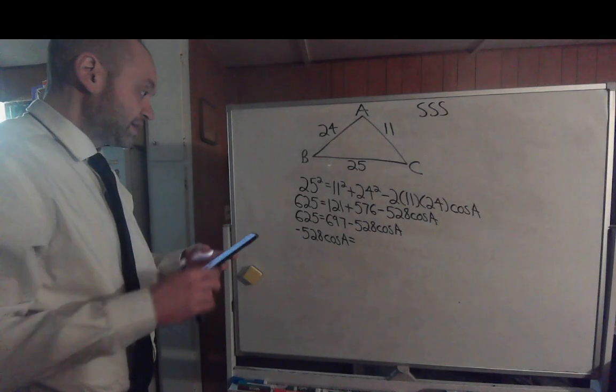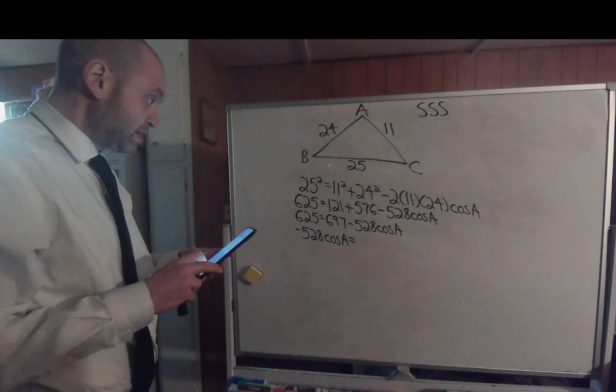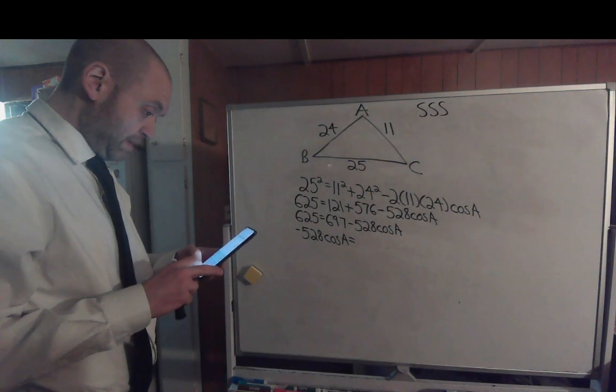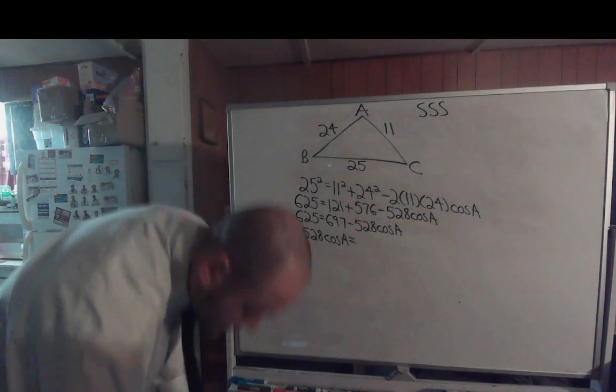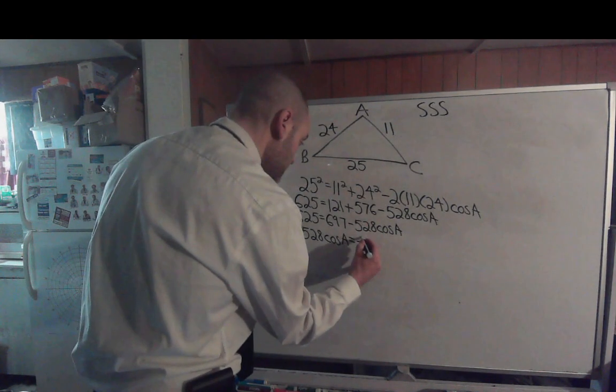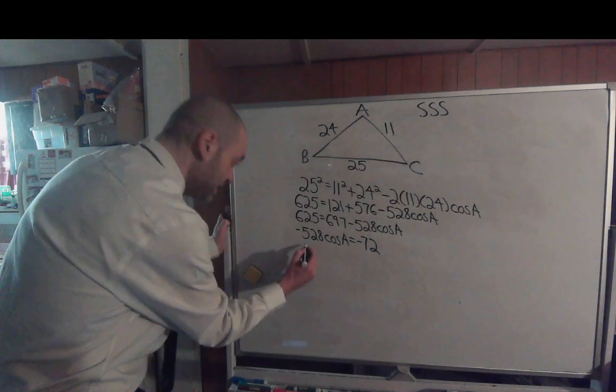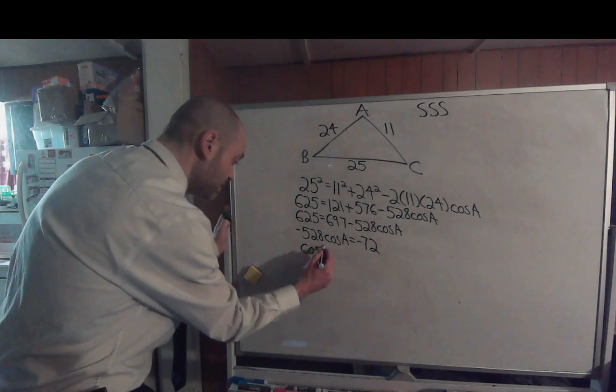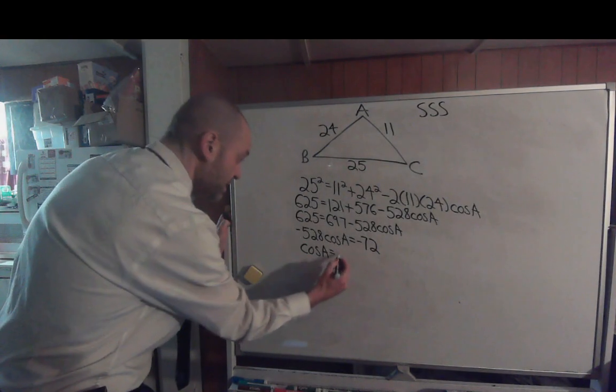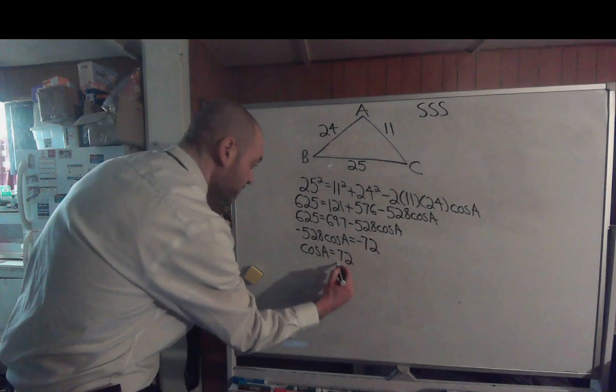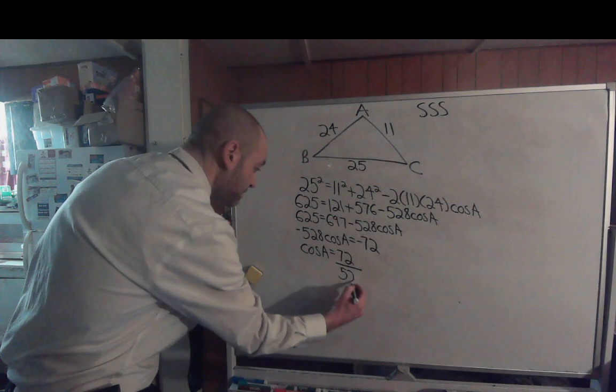Let's figure out what the heck that is. That's negative 72. So that means the cosine of A is going to then equal 72 over 528.